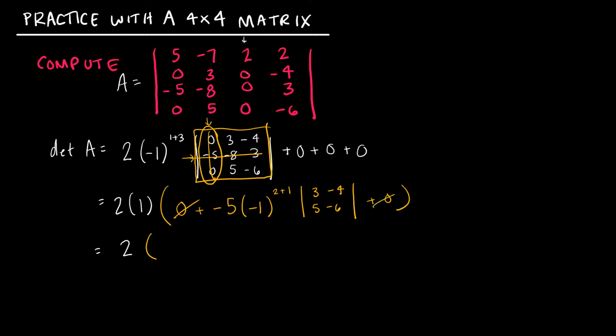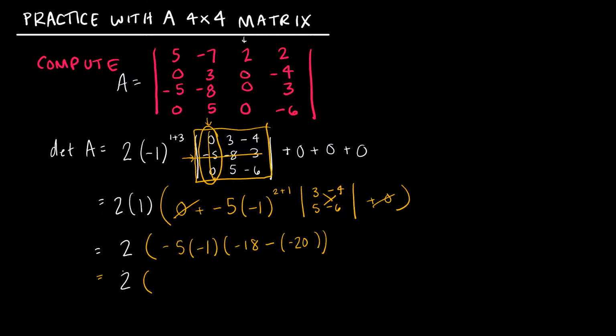So I still have my 2 times 1, which is 2 on the outside, and on the inside, I'm not going to worry about the zeros. I have negative 5 times negative 1 to the third, which of course is negative 1. So negative 5, negative 1, and then negative 18 minus negative 20. I'm going to keep that 2 on the outside for now.